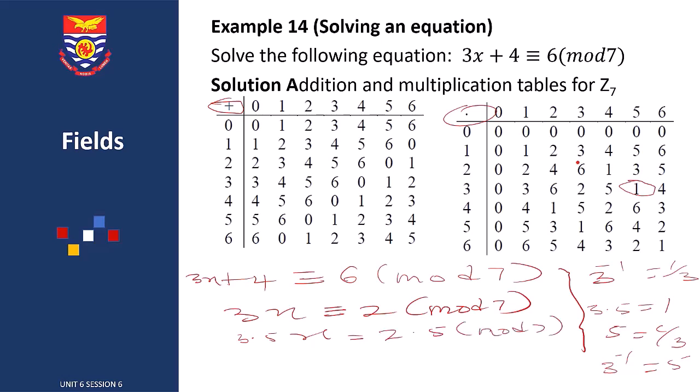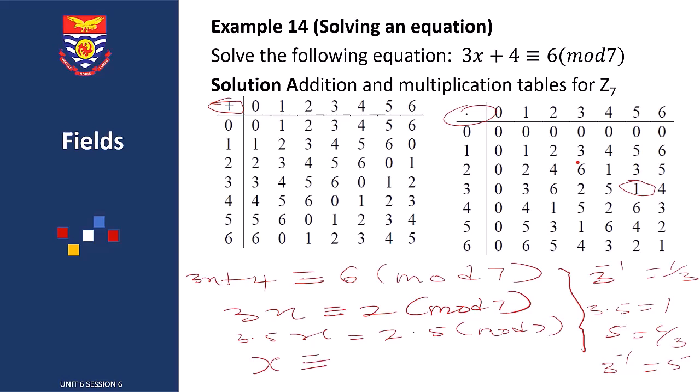What do I get? You can see that 3 times 5 is 1, so the left side is x. So x is congruent to 2 times 5.